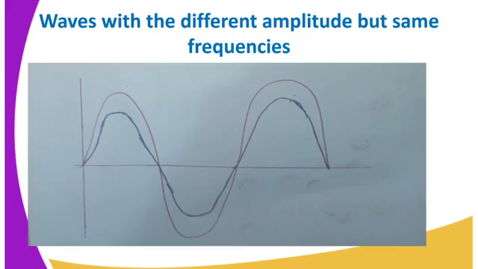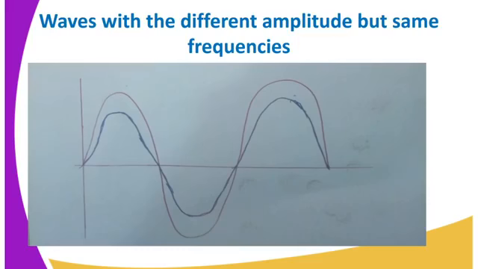Their maximum displacement is different, such that the wave motion in red is displaced farther than that in blue. So this diagram illustrates two wave motions with different amplitudes but the same frequencies.